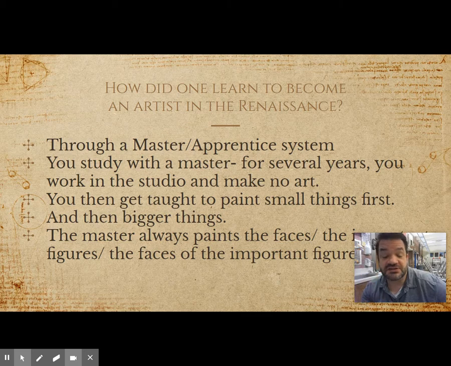So your master gets a commission. You might be assigned to paint the trees in the background. Whereas more important or more advanced students are going to be able to paint other figures, whereas the master is going to paint the faces of the most important figures, or the main figures themselves.